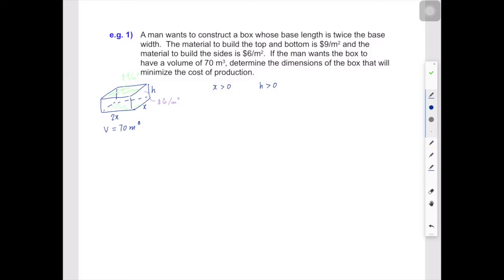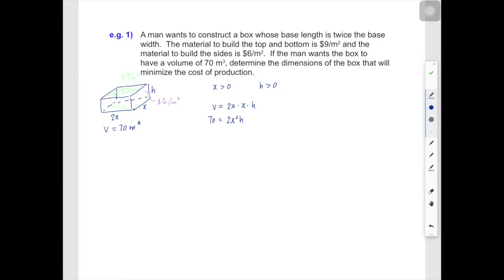Okay, so we're ready to take a look at what kind of equations or relations we can find. Let's start by considering the volume of the box. The volume can be calculated by multiplying x, 2x, and h together. Substituting 70, I have 2x squared times h equals 70.